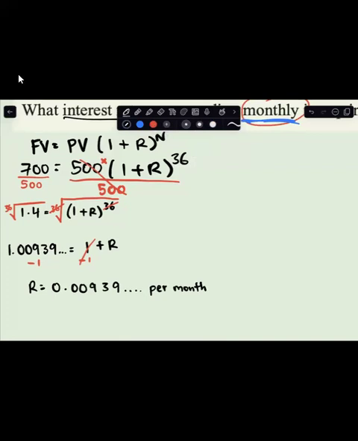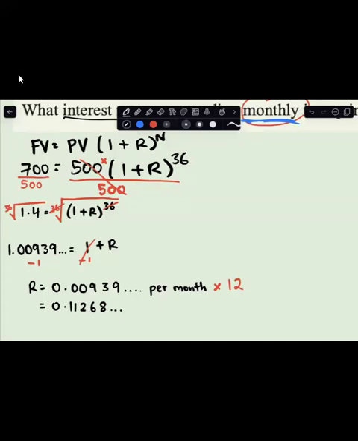Okay, so how to do that? Very simple. How many months are in a year? 12. So rather than dividing, I'm going to multiply by 12 this time because you're going backwards. So do that into your calculator. So per year, you're going to get 0.11268... This is in decimal.